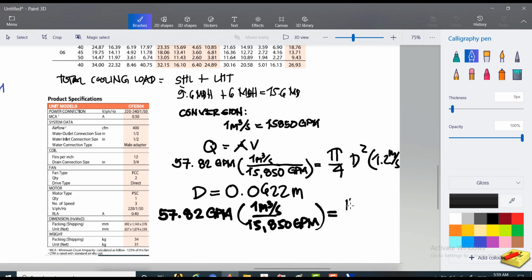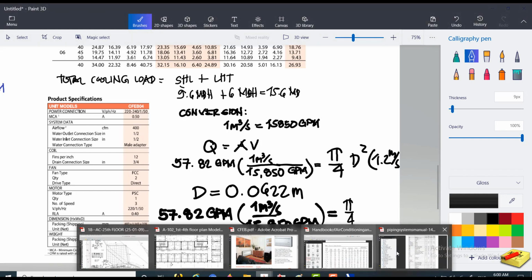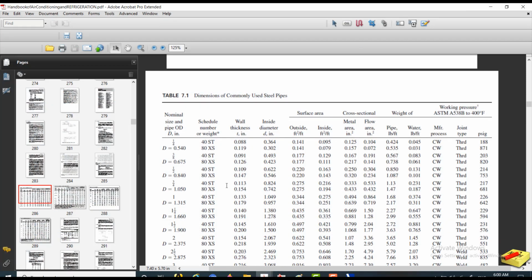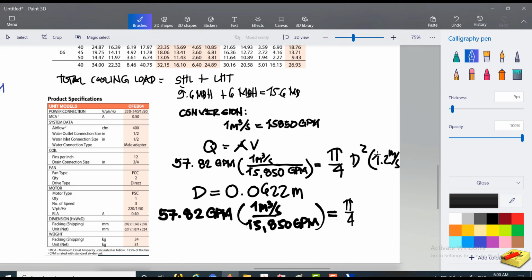So we have π/4. So the diameter is 1 inch nominal. So we have inside 1.049. So we have the diameter of 1.049 inch.